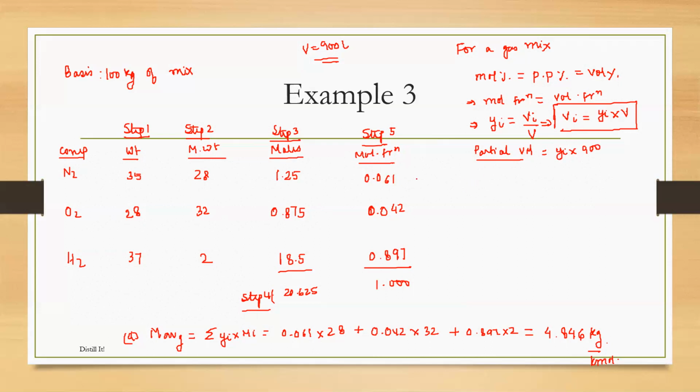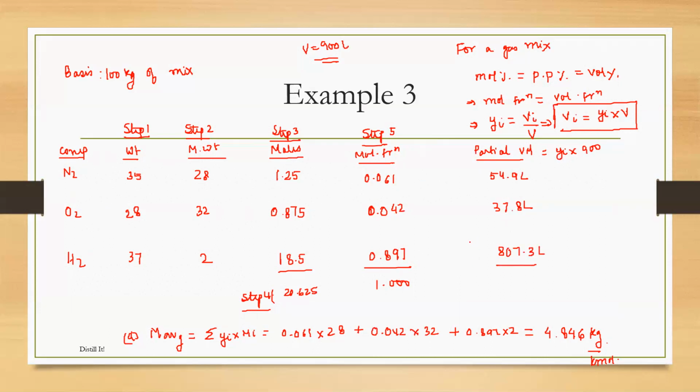So this is going to be 0.061 into 900, which is 54.9 liter. Then 0.042 into 900, that is 37.8 liter. And finally, 0.897 into 900, which is equal to 807.3 liter.